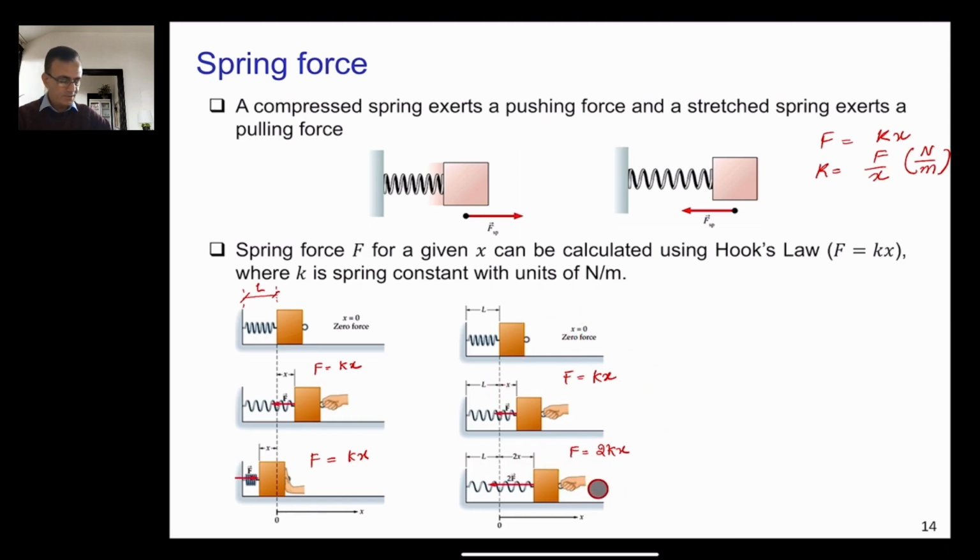This is what we call a linear relationship between x and F, which you can plot using this equation. So if this is x, which is the stretch or compression in the spring, and this is the spring force, here is the plot.